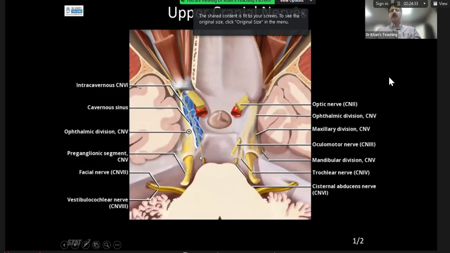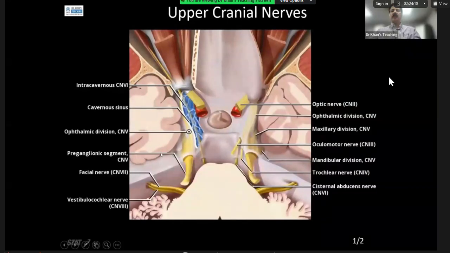So the patient will present with palsy of this lateral rectus. Of course, in the cavernous sinus, other nerves are also passing through, and it will cause involvement of those nerves also. Same thing, if there is infection here, it can cause other things like cavernous sinus thrombosis.